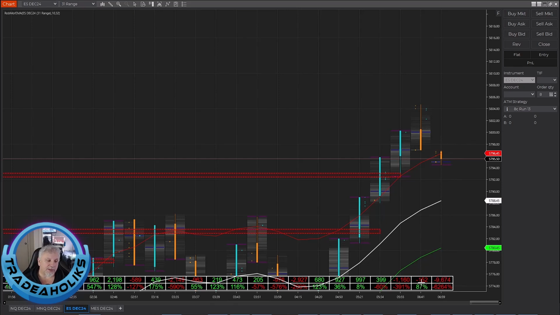For argument's sake, in this candle here, you can see it's got minus 391%. That means there's 391% more sells than that previous candle. So there's a lot more sellers in that candle compared to that candle. And here you had slightly more buys, 87% more buys than the previous candle. So that's what that explains to you there.